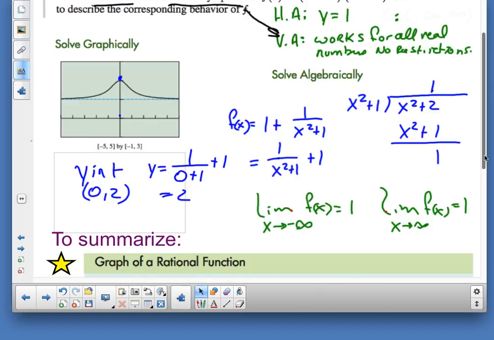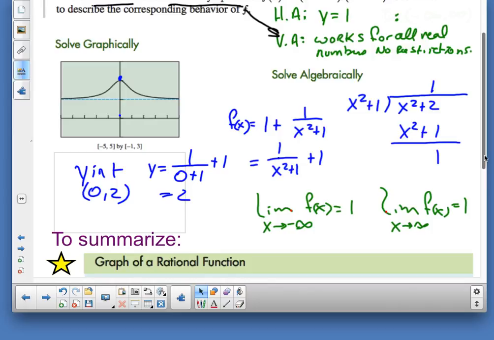This might be a really funky looking function as you see something like this for the first time, but we have some ideas about what our horizontal asymptote is, that we didn't have a vertical asymptote, and that it doesn't cross the X-axis, but our Y-intercept, I should say, comes from putting in x is 0.